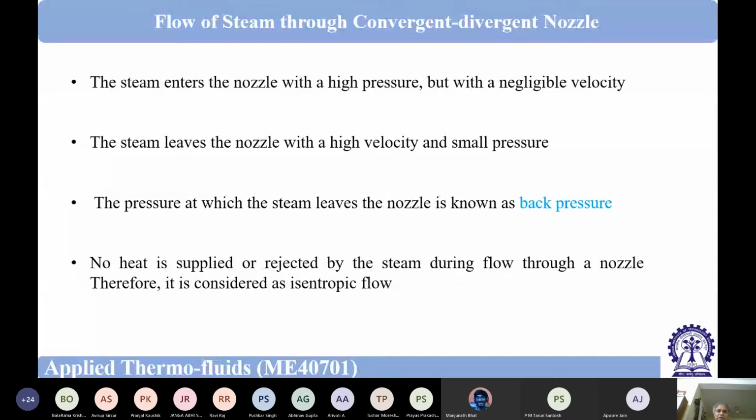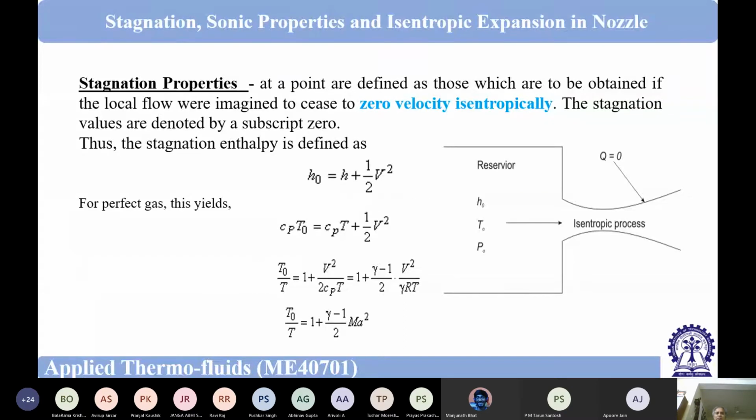Okay, so with this, let us go to the analysis of a nozzle. Here we are showing an idealized diagram of an isolated nozzle. This is a reservoir, a very big reservoir. What does it mean, a very big reservoir?